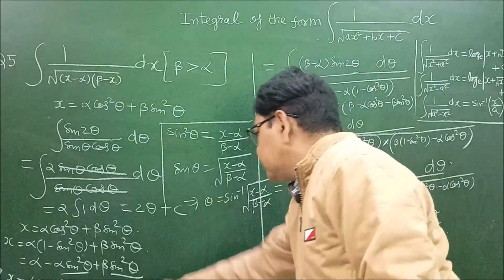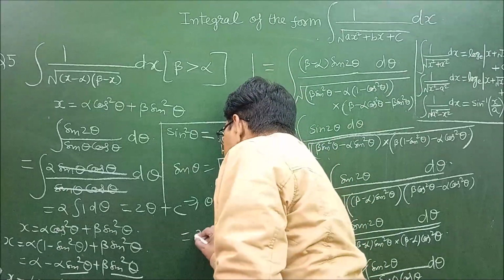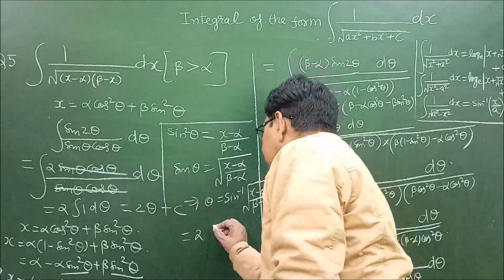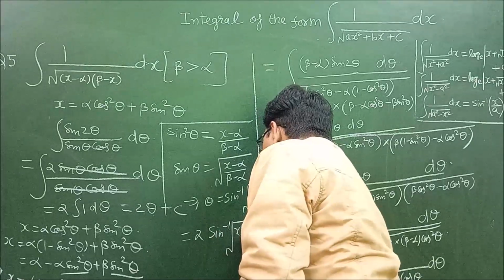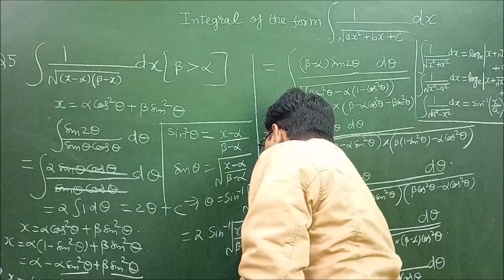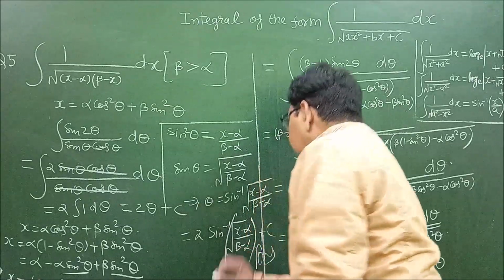Now this can be replaced here, so the integral reduces to 2 theta, where the value of theta is sin inverse of the square root of (x minus alpha) upon (beta minus alpha), plus c. So this is the final answer of the question.